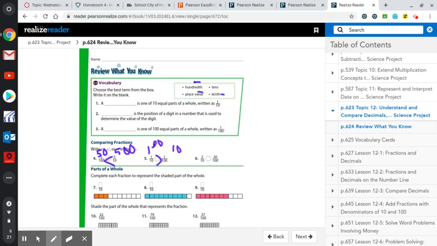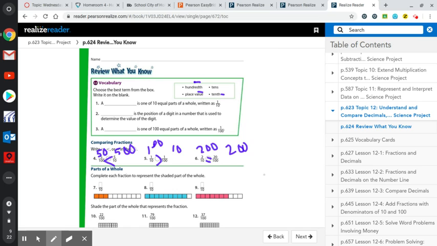So 1/10 of a pizza would be way bigger than 1/100th of a pizza. So same thing for here. 2 times 100 is 200. And then 10 times 20 is also 200. So 200 equals 200.